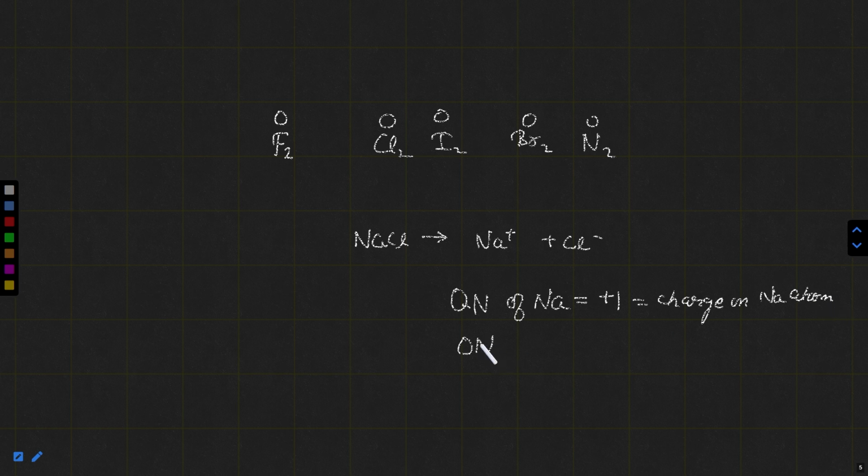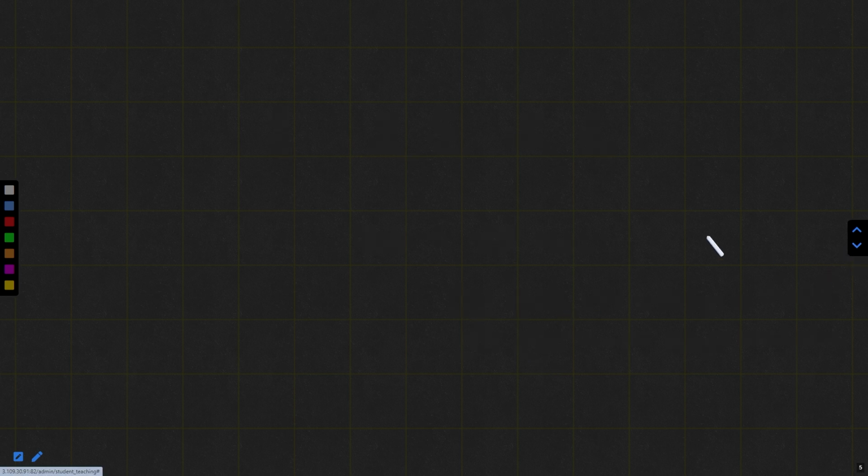Similarly, the oxidation number of chlorine is equal to -1, which is again the charge on the chlorine atom. So this is our second point. We can take more examples like this.